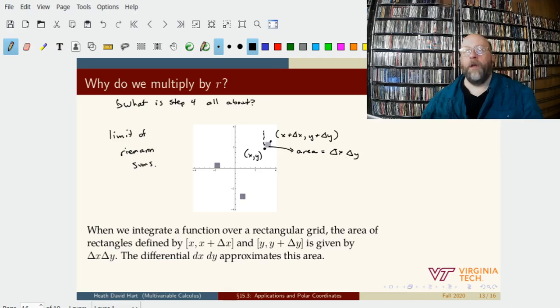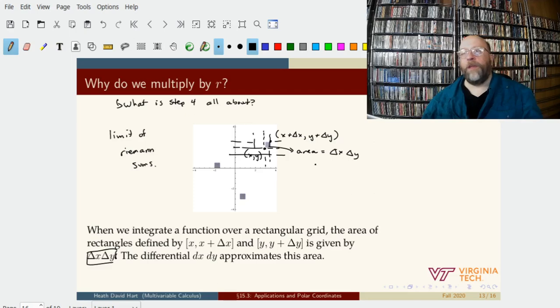But we are dividing the region we're looking at into little rectangular pieces. So we integrate a function over a rectangular grid. The rectangles that go from x to x plus delta x and y to y plus delta y, well, that region is just delta x times delta y. That gives you the area.